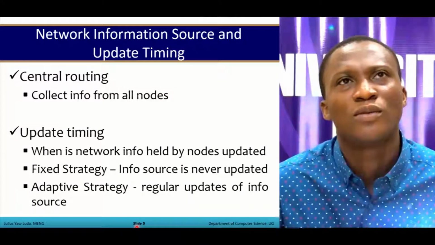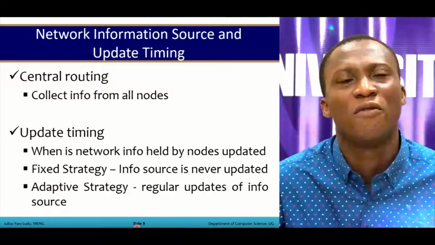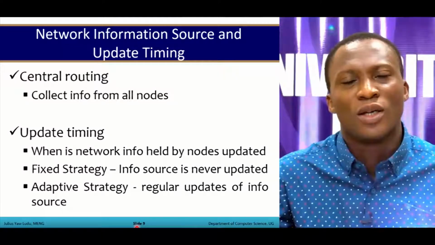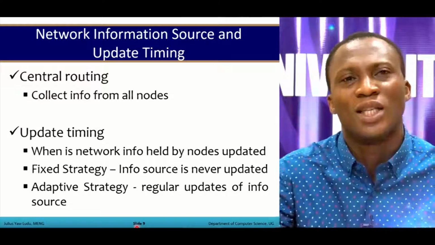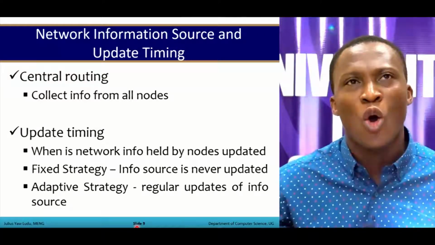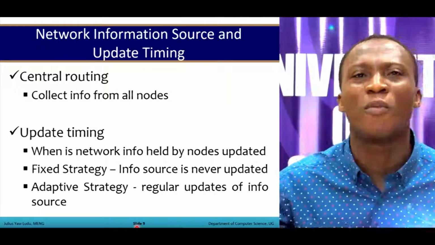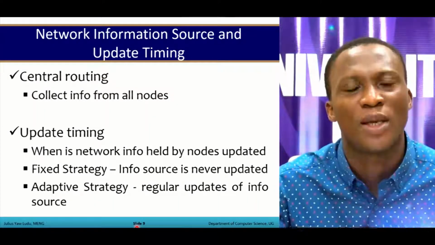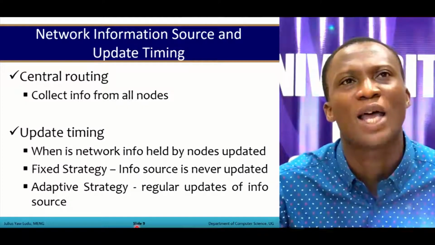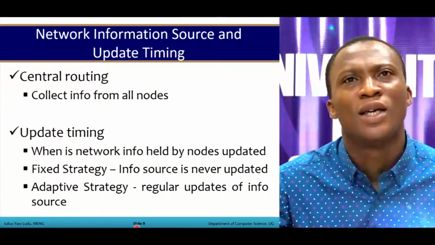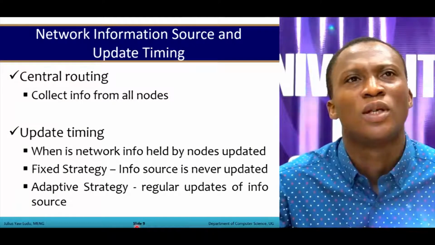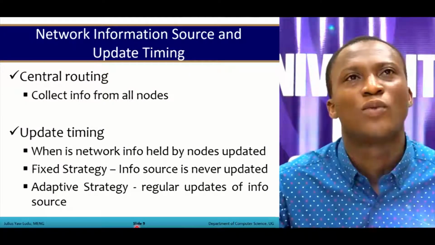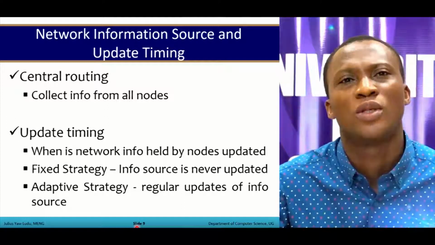Now for central routing, it collects information from all nodes. Mind you, it has to house the destination. So it has to get information from the various nodes and store it in its CAM table or its routing table. Then for update timing, when a network info is held by nodes, for central routing, we collect information from all nodes.